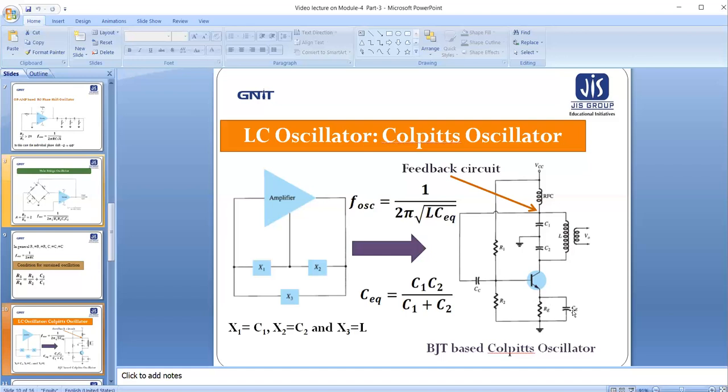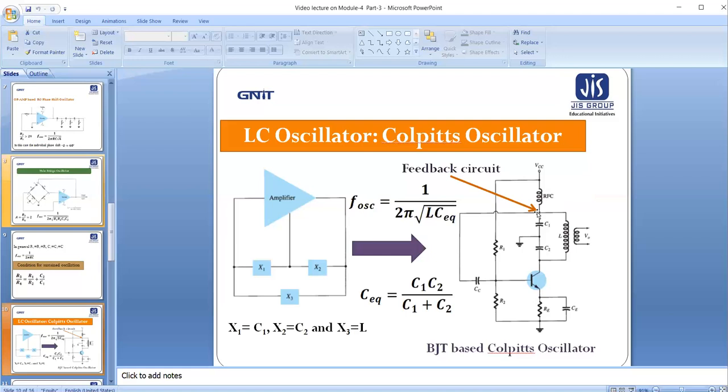This RE and CE: CE is called the bypass capacitor, which reduces the effect of negative feedback, and RE basically stabilizes the Q point. And instead of the RC resistance, here we are using the RFC. RFC stands for radio frequency coil.